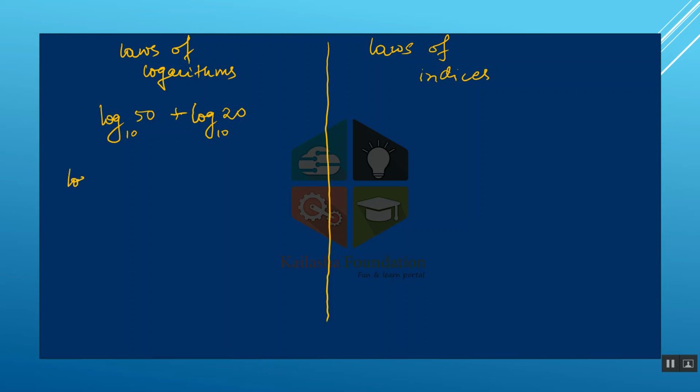There's a law, log m plus log n. I'm not writing the base for the sake of simplicity. That means if the base is common, if the base is same, then log m plus log n is equal to log m into n with the same base.